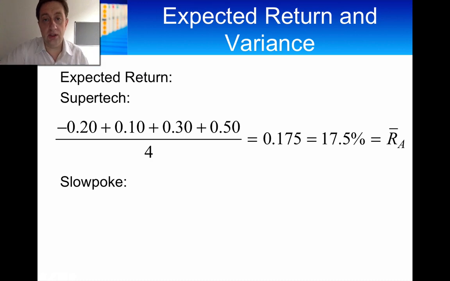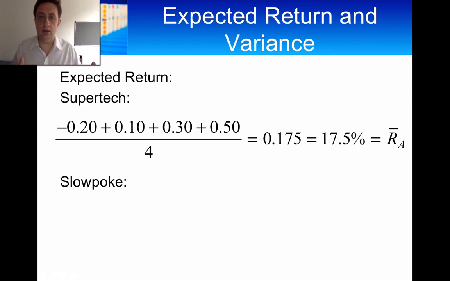So you could have, for example, 0.1 probability for a depression, 0.1 probability for a recession, 0.1 probability for a boom. Now add up those probabilities: 0.1 plus 0.1 plus 0.1 comes to 0.3. So the probability of a normal period must be 0.7 because 0.3 plus 0.7 is equal to 1.